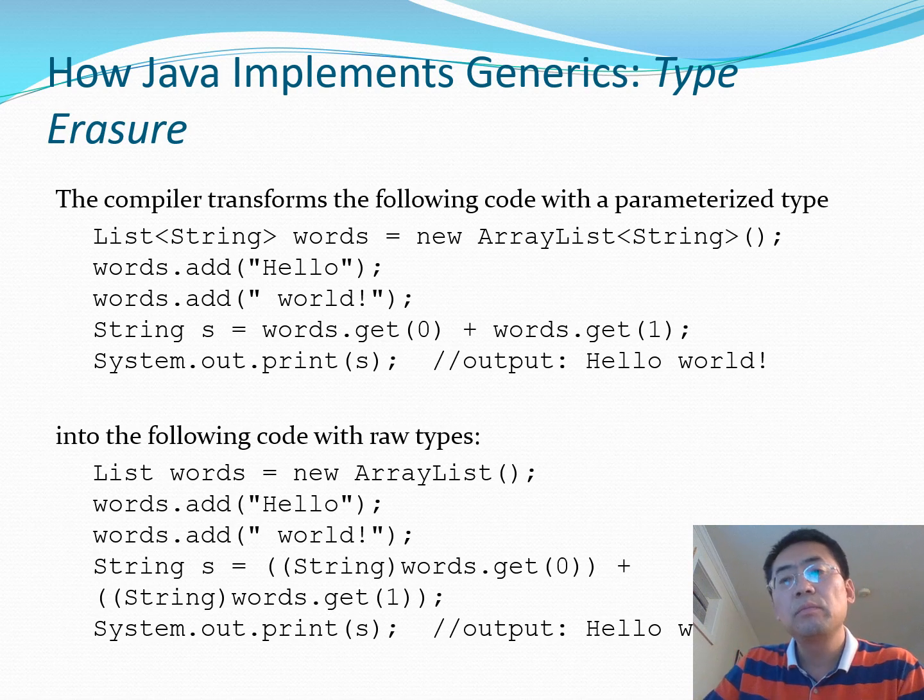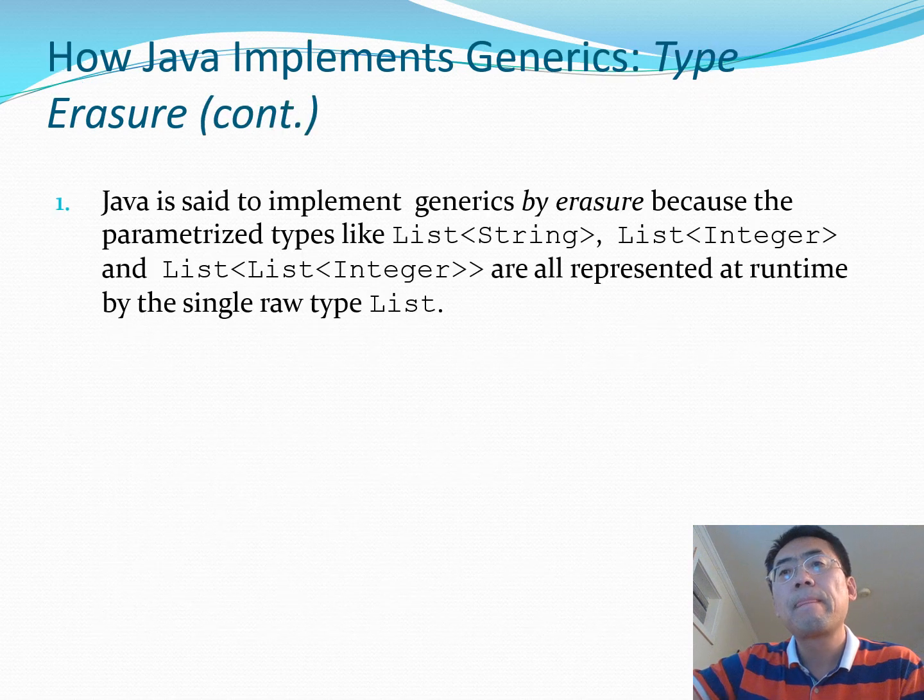So you don't have parameterized types. This is called type erasure. That means when the Java compiler compiles your code, it removes all the type information in generic types or in parameterized types. So why would Java want to do that?